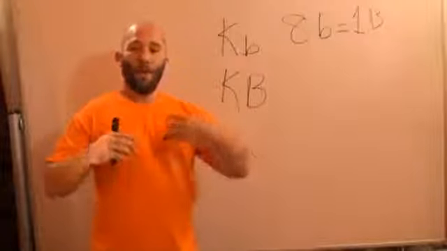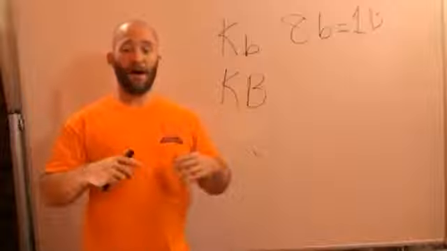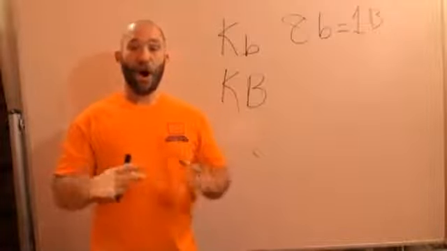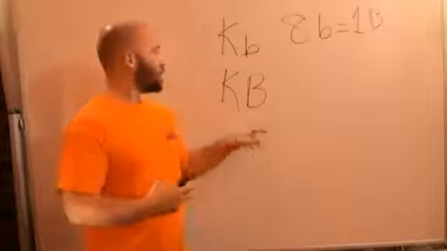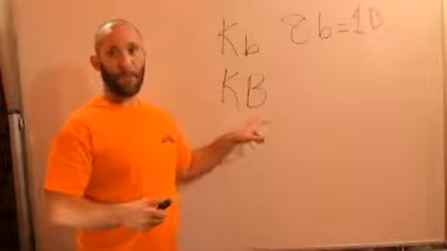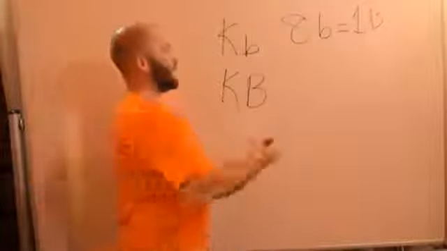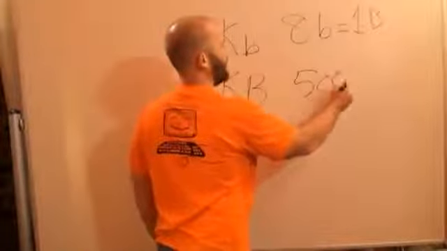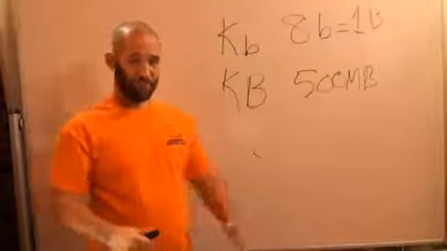Now, in the normal world, when you're talking about storage, how much data a hard drive can hold, or a flash drive can hold, or a CD can hold, you're talking about bytes. So it'll say megabytes or now gigabytes. So you'll see a hard drive that has 500 MB, megabytes, of storage.